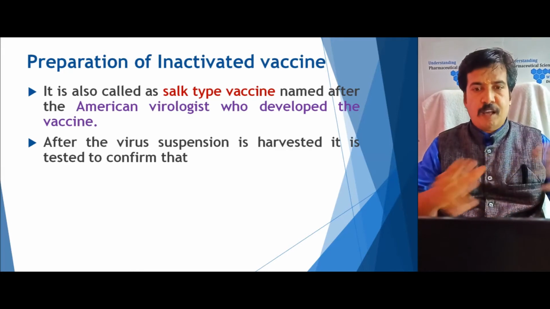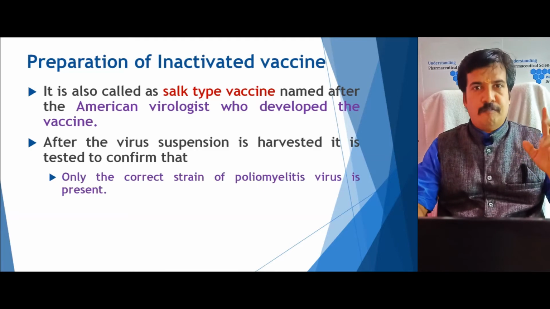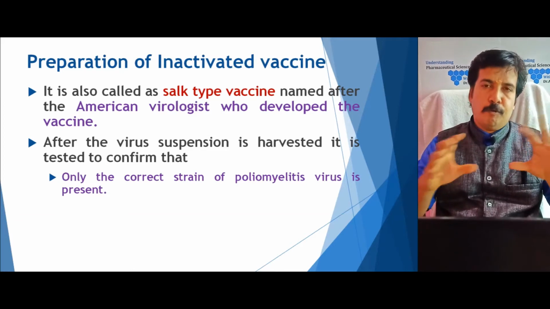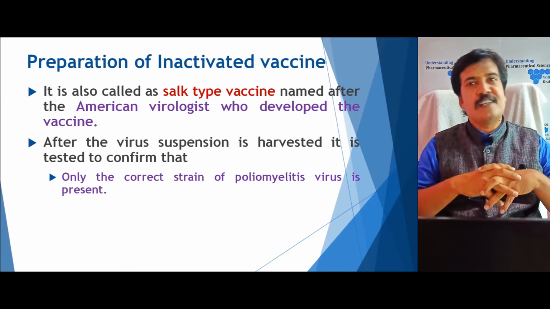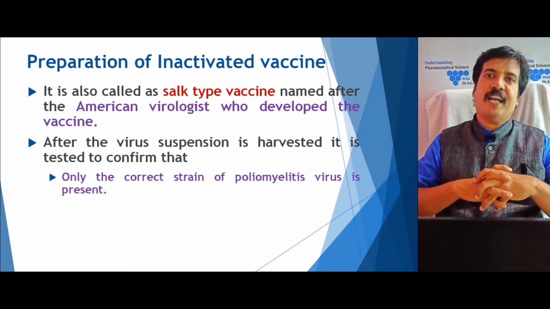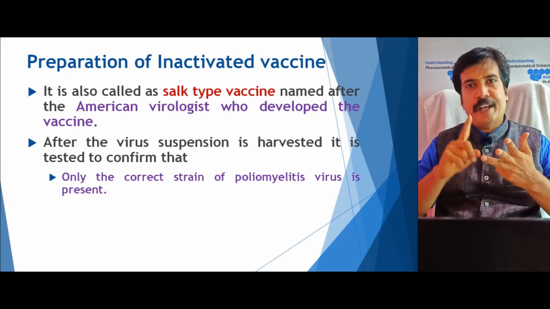After harvesting this viral suspension, it is checked first whether it carries the correct strain of poliomyelitis virus, because poliomyelitis has different strains, but the most preferable strains which we need for vaccine production are poliomyelitis type 1, type 2 and type 3.